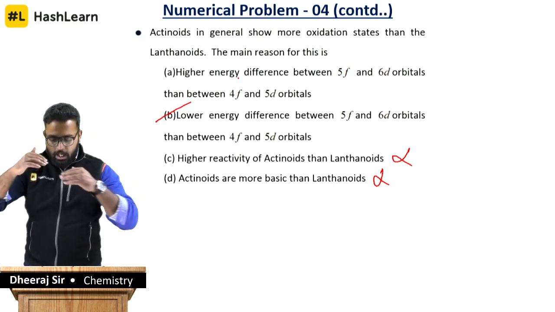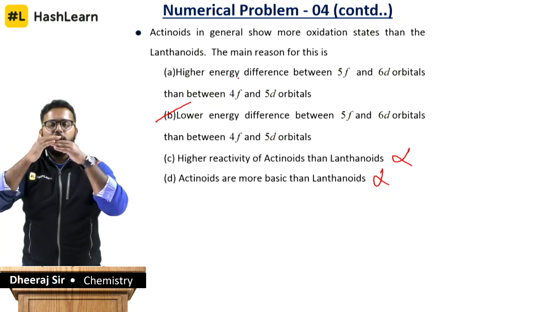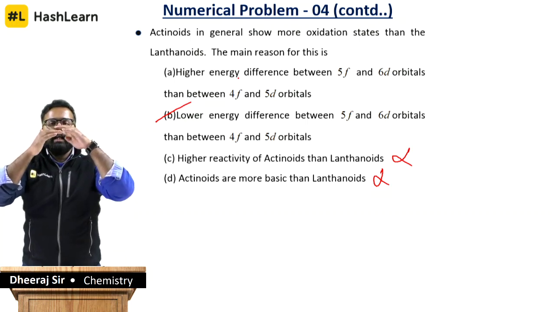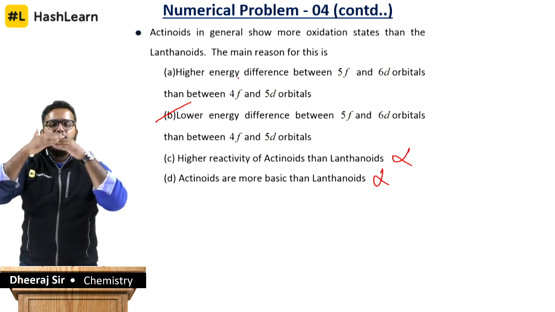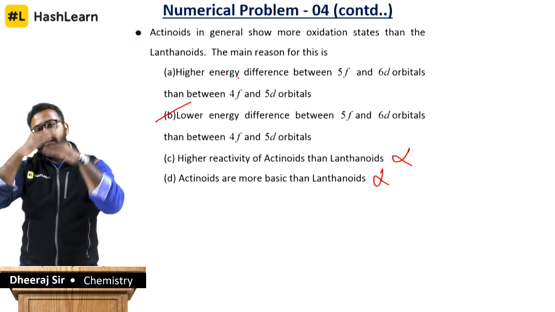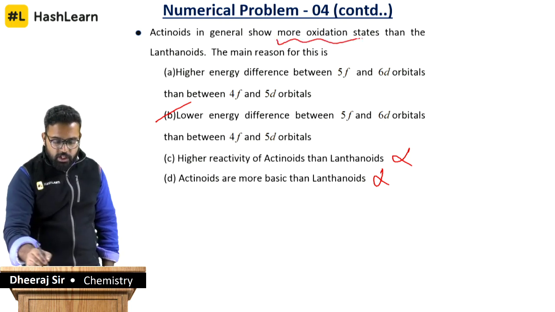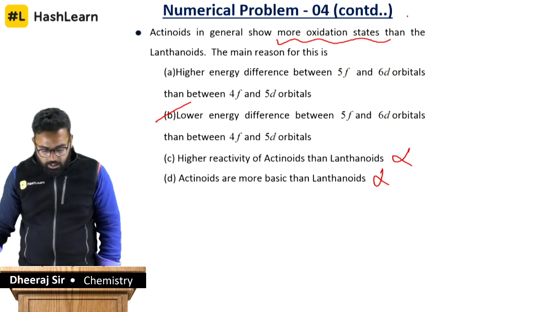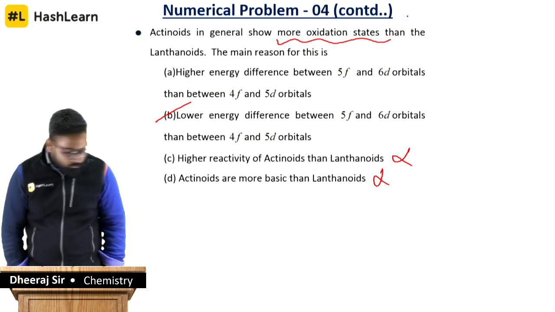If 5f and 6d have lower energy difference, it means electrons from 5f can enter 6d and electrons from 6d can enter 5f. So if there are orbitals which allow interchanging of electrons, there I can show more oxidation states, and the answer has to be option D. I mean option B, 4B.